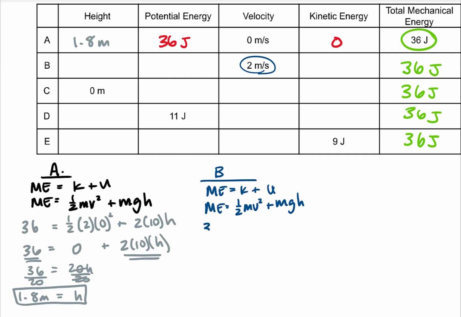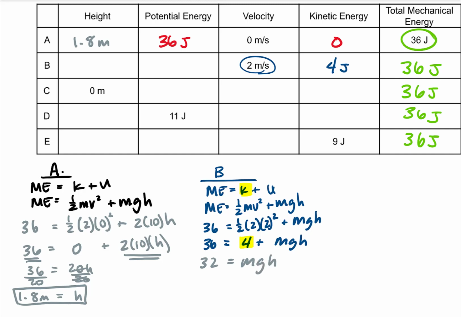So the mechanical energy is 36, and that's equal to 1/2 times 2 times 2 squared plus mgh, my potential energy. So 36 is equal to the kinetic energy 4 plus the potential energy mgh. So right here, I know that my kinetic energy is 4 joules. And if I subtract that over, 32 is equal to mgh. That tells me the potential energy is 32 joules.